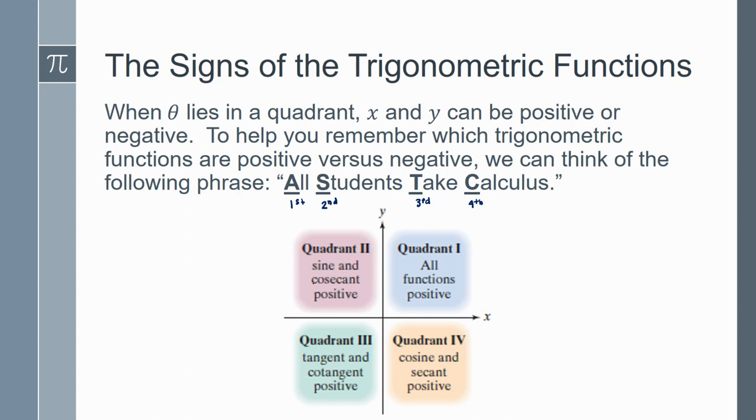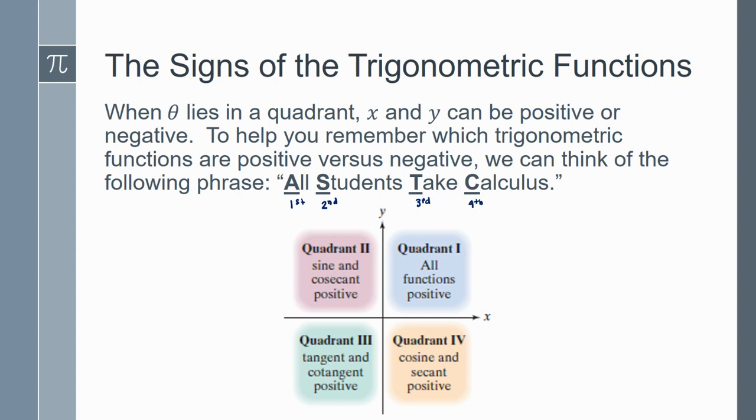And what is the reciprocal of sine? Well, cosecant. So both of those are the only trig functions that are positive. This phrase is talking about when we are dealing with positive ratios. So sine and cosecant are the only positive ratios in the second quadrant. In the third quadrant, notice how take is that third word.